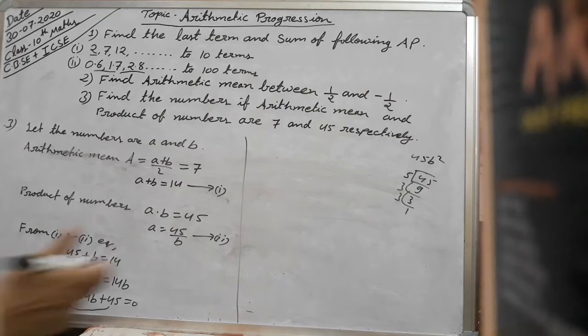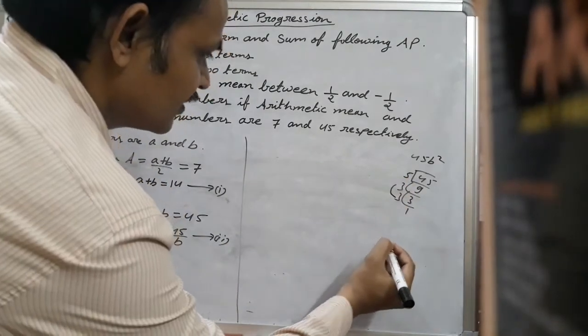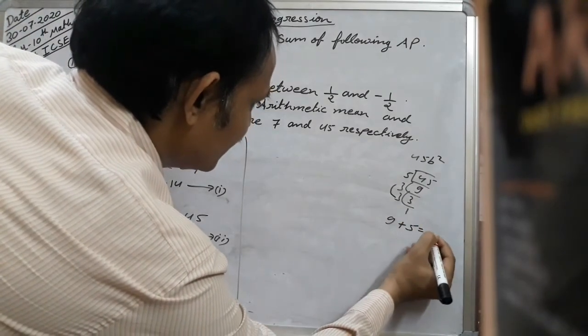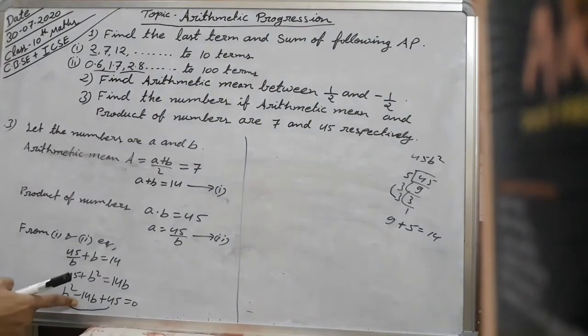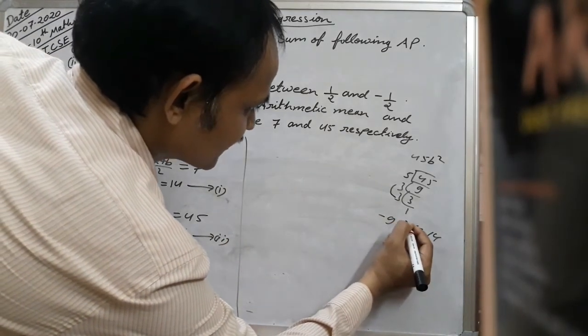Here it is 14. If 9 plus 5, you will get 14. But here it is minus 14. Therefore, keep it here minus 9, minus 5.